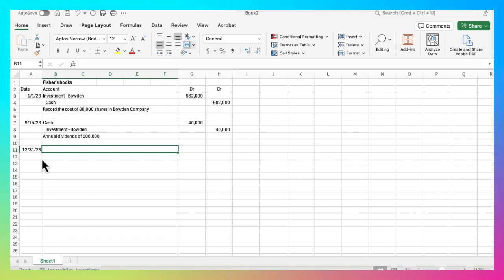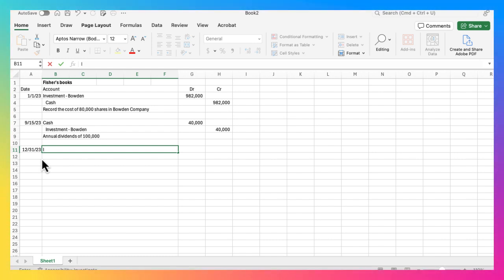Since we're Fisher, we must accrue the 2023 income based on our ownership in Bowdoin, which is 40%. Since we're recording net income, we're recording accrued income because we have significant control over this investee.